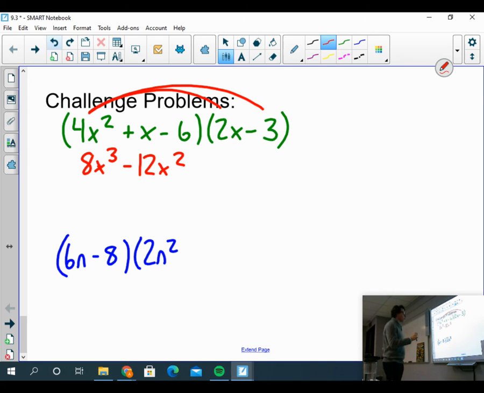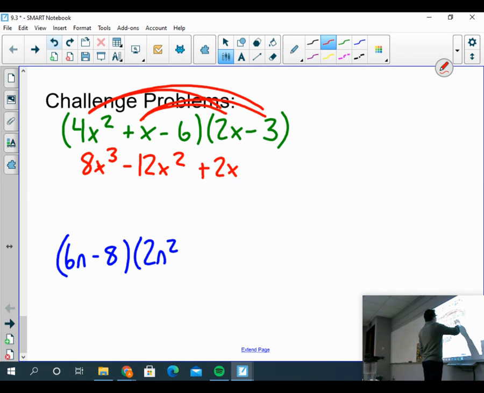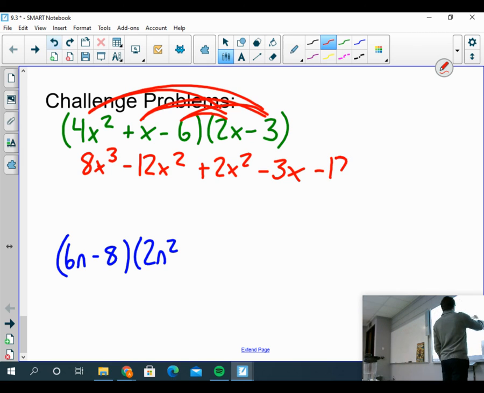I almost exclusively work left to right here. Now I'm going to multiply the x by the 2x and the minus 3. And I get plus 2x squared minus 3x. Then I'm going to do negative 6 times 2x, and negative 6 times negative 3. And I get negative 12x plus 18.